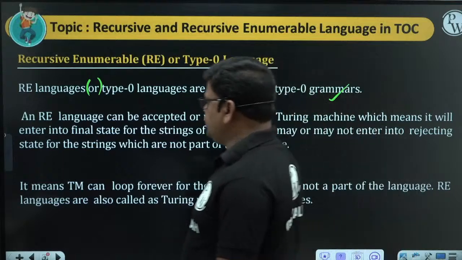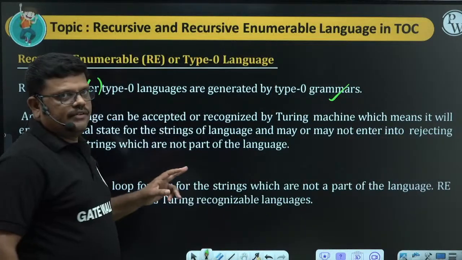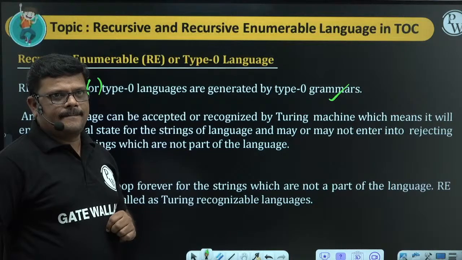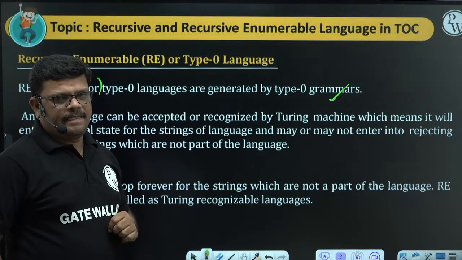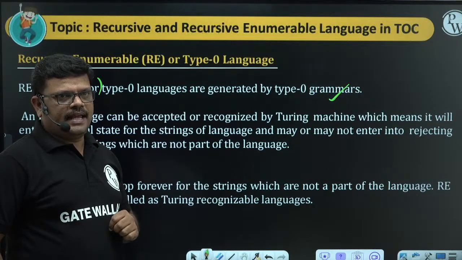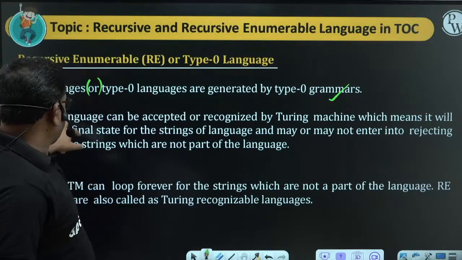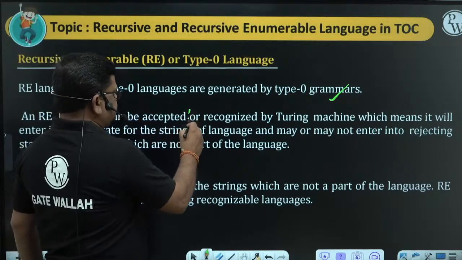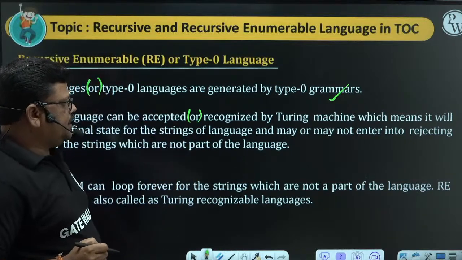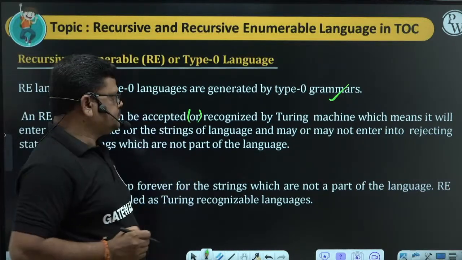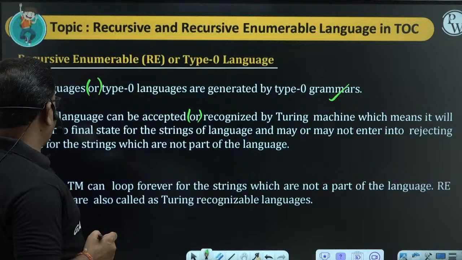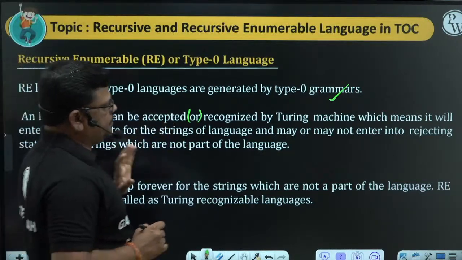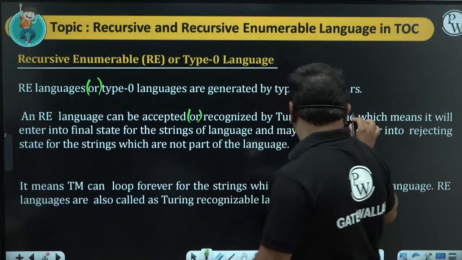A recursive enumerable language can be accepted or recognized by a Turing machine, which means it will enter into the final state. See this, an REL can be accepted by a Turing machine. This Turing machine is not a halting Turing machine.